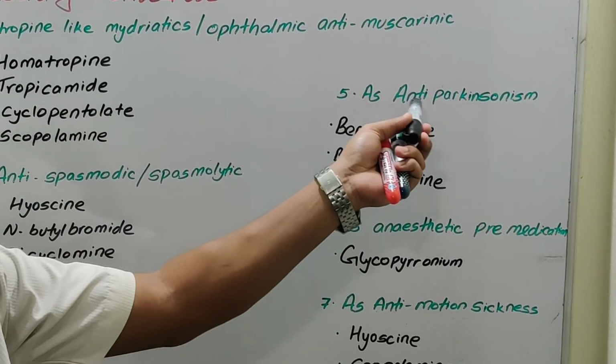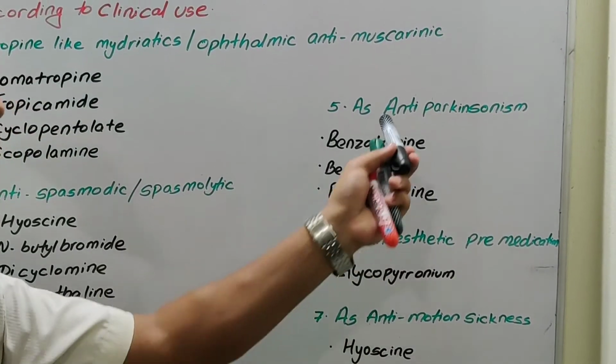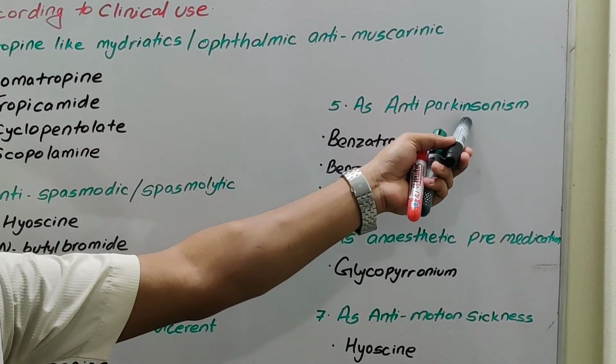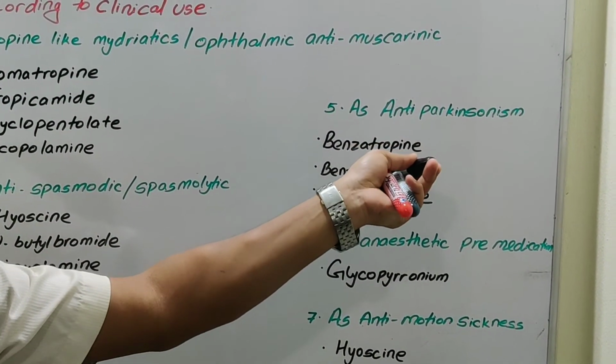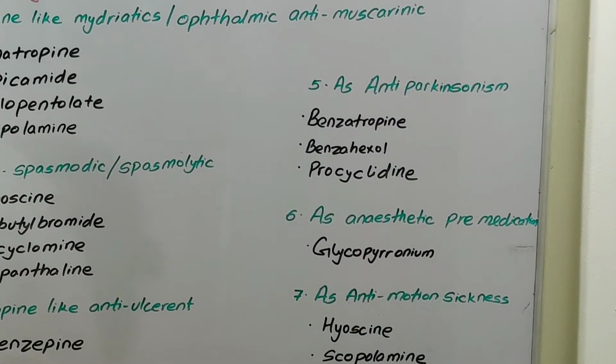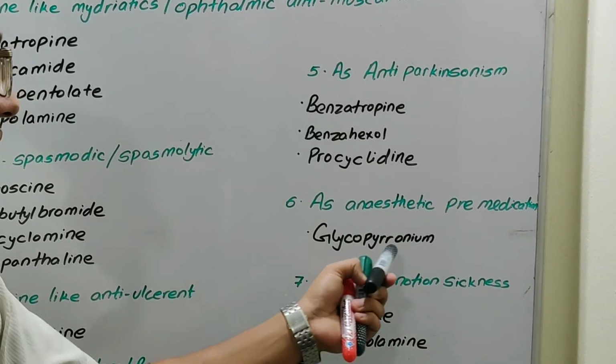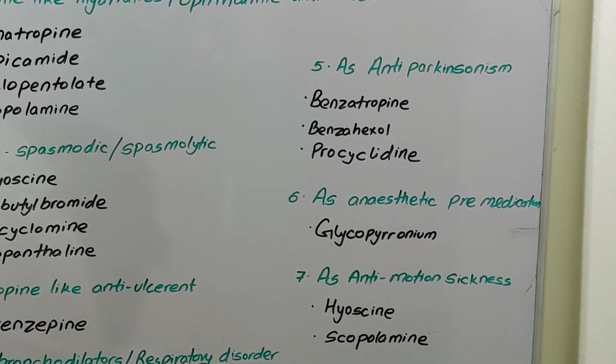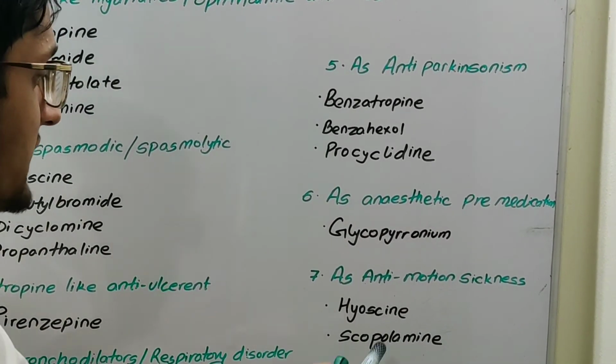As anti-Parkinsonism drugs, we use benztropine, benzhexol and procyclidine. As anesthetic premedication, we use glycopyrronium, and as anti-motion sickness drugs, we use hyoscine and scopolamine.